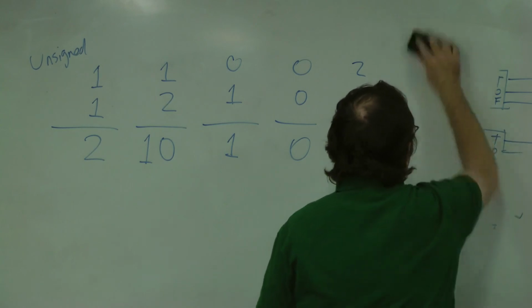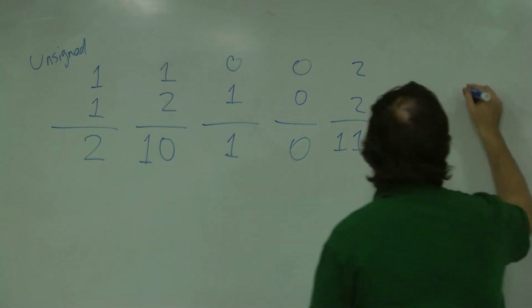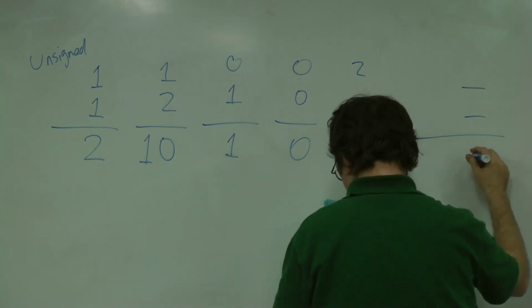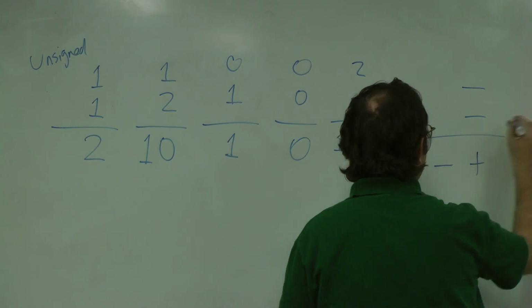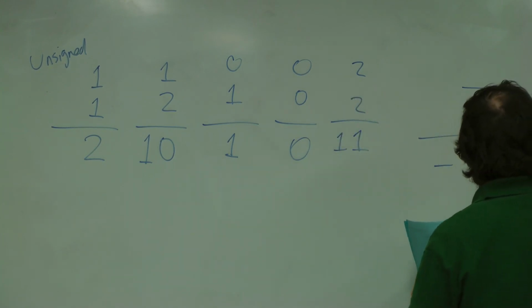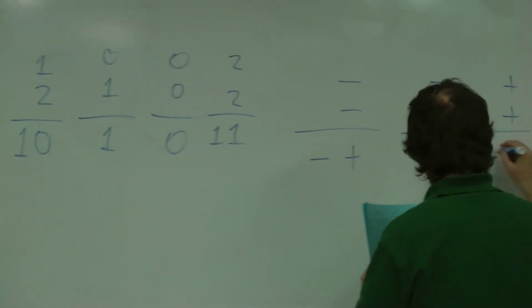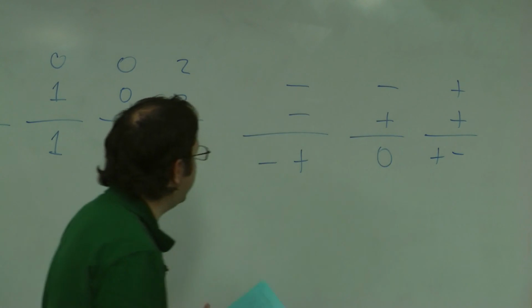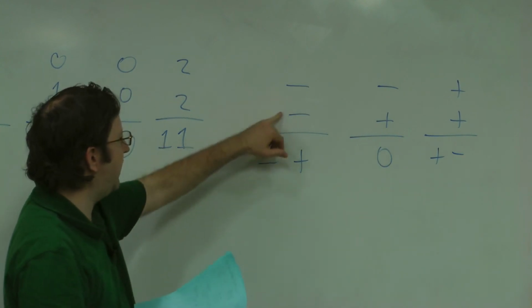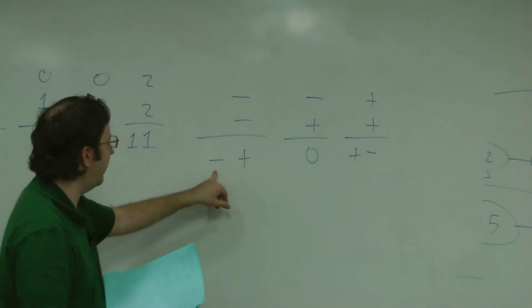And even if you do balanced ternary, you have similar issues. So basically, with balanced ternary, if you have 2 negatives, you get a plus and a negative carry.